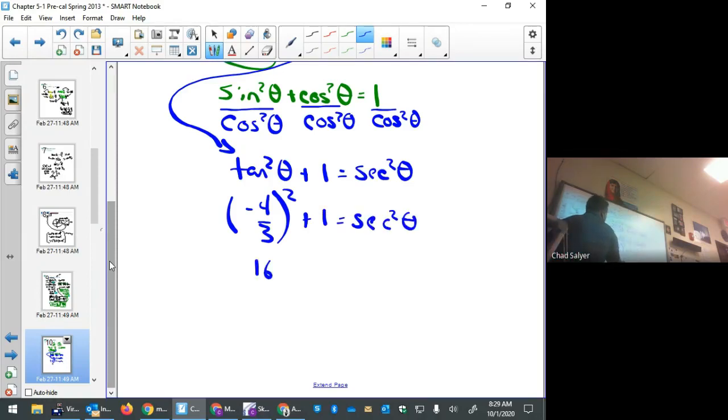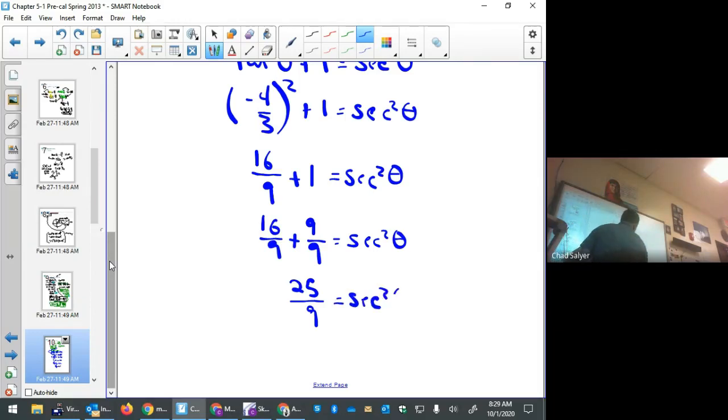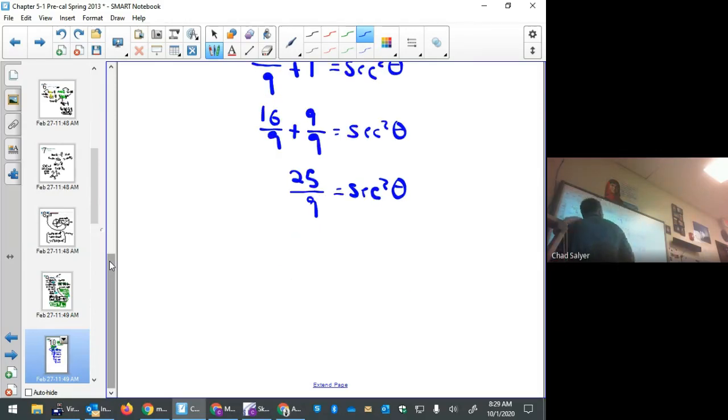So that's 16/9 plus 1 equals secant squared theta. 16/9 plus 1 is (16 plus 9)/9, and 16 plus 9 is 25/9. And so the secant of theta is going to be the square root of 25 over the square root of 9.